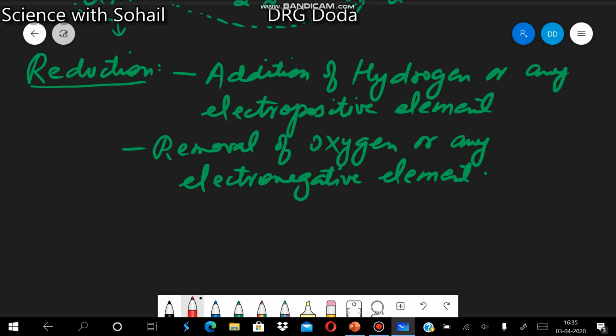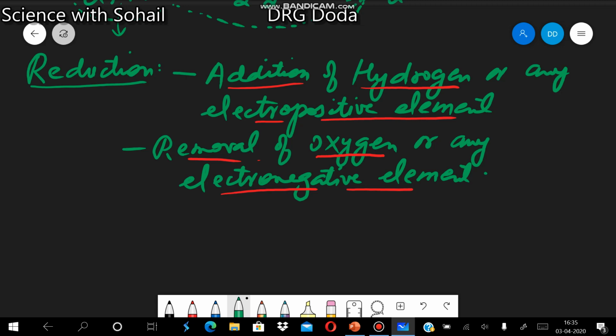So again, in case of reduction, we can see that there are four processes which are included in reduction: addition of hydrogen or addition of any electropositive element and removal of oxygen or any electronegative element.